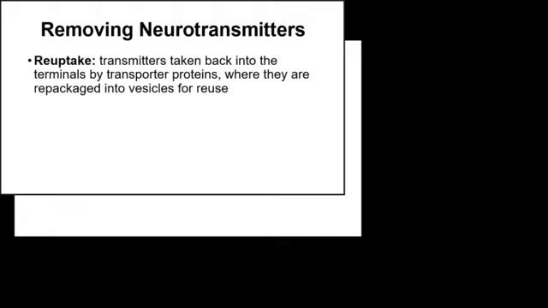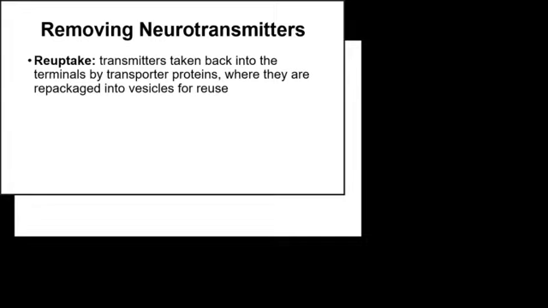All right, so next we can start looking at things like, what do you do after you've transmitted that signal? Once we've increased or decreased whatever we needed to across that gap, now what? And you might remember that there are a couple of different ways to remove those neurotransmitters.